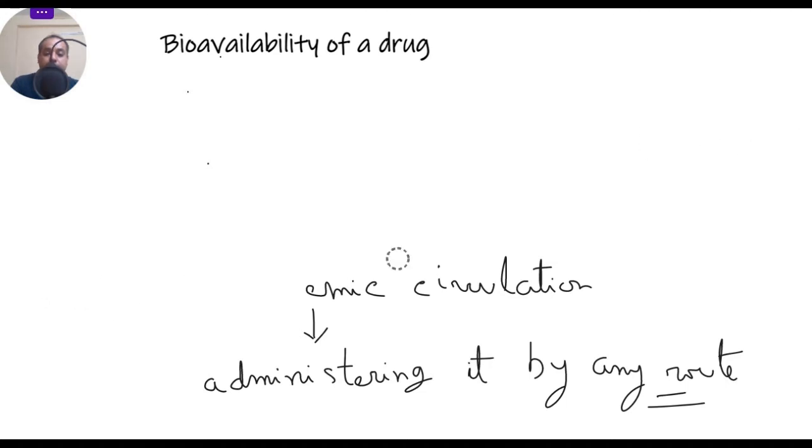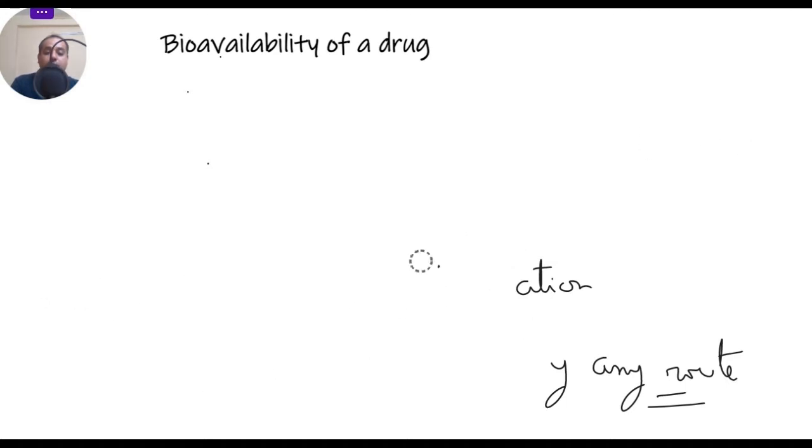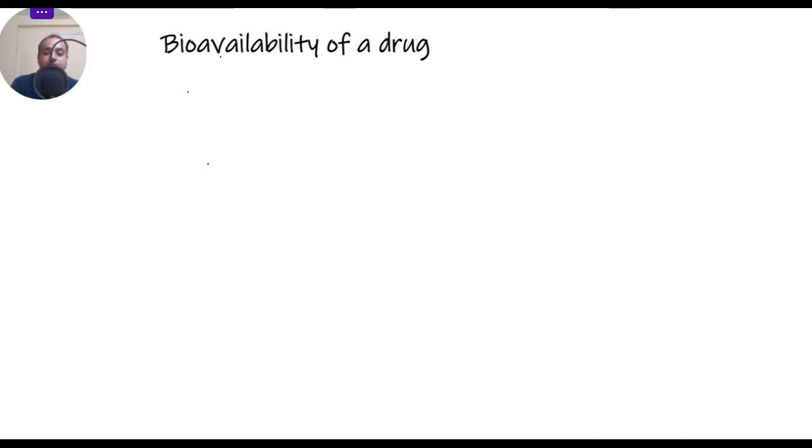So now let us see how we can express the bioavailability of a drug. So let us suppose that we are expressing bioavailability as the letter F, right? So F denotes bioavailability.